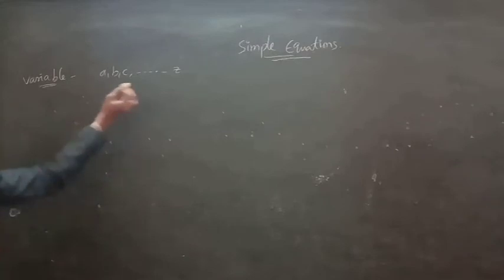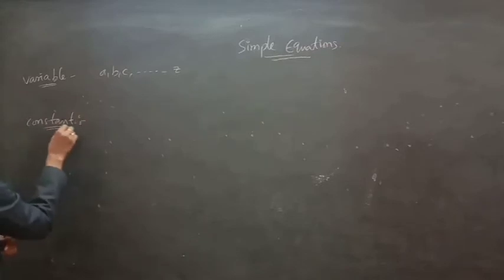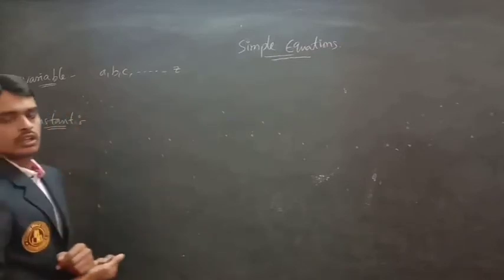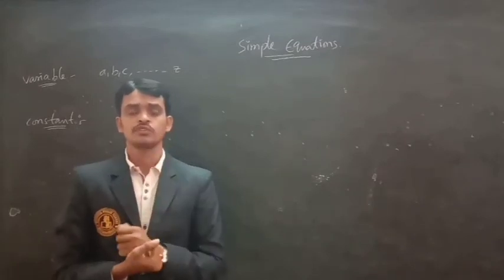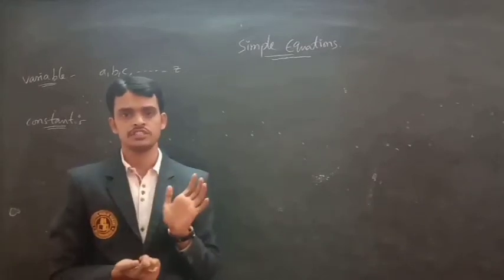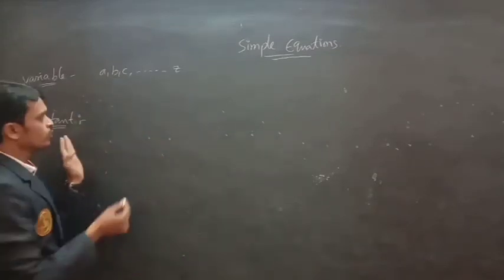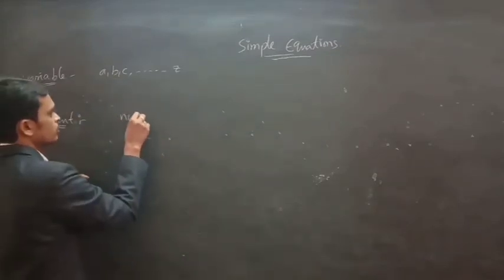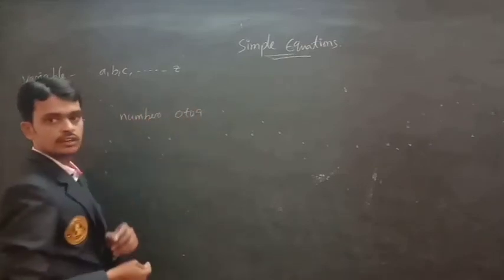Next, constant. A constant is nothing but a fixed value. It never changes. To represent constants, we use numbers 0 to 9.